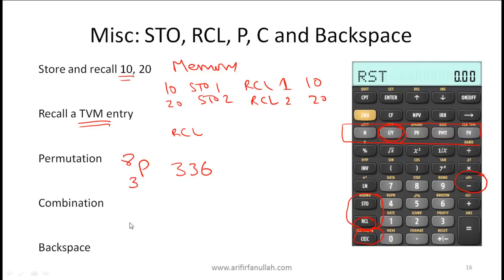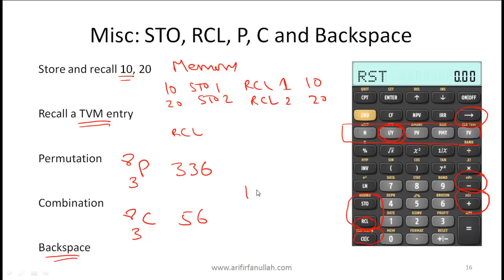If you want to do combination, let's say 8C3, you type in 8, second and NCR, which is right here, and then 3, and you will then get 8C3 equal to 56.